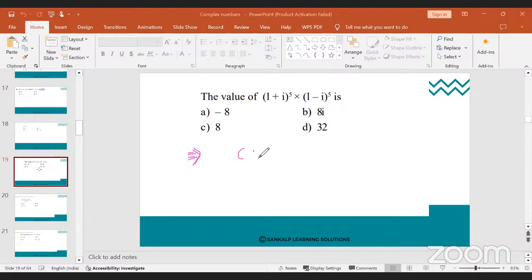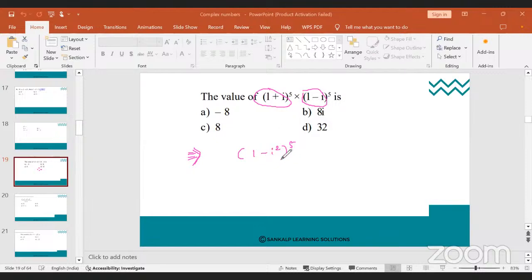It is nothing but what? (1 minus i square), the whole raised to 5. It is 1 square minus i square, a square minus b square, raised to 5. Why? Because if you consider only these parts, except the power 5, a plus b into a minus b is a square minus b square.